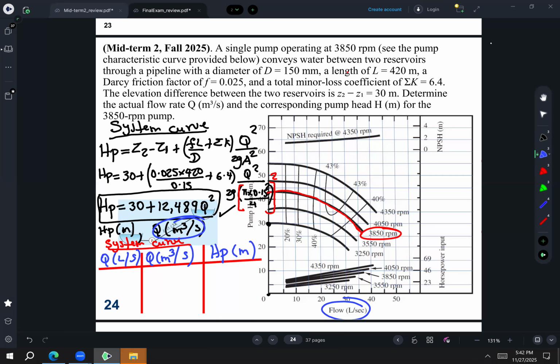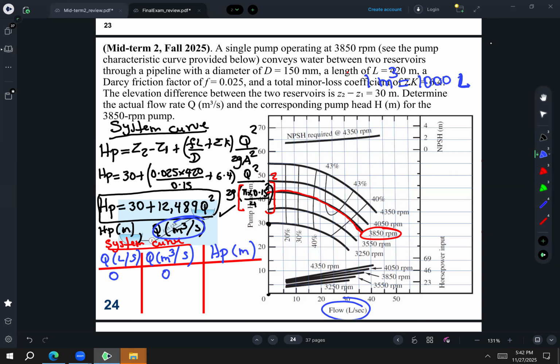For example, when the flow is 0 cubic meters per second, we know that 1 cubic meter is equal to 1,000 liters.